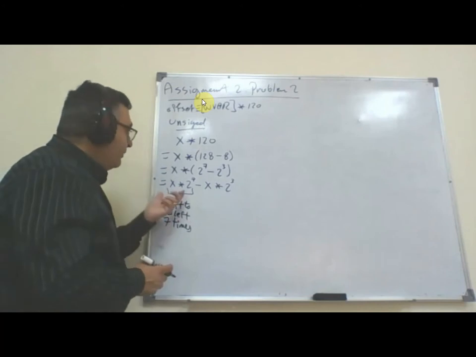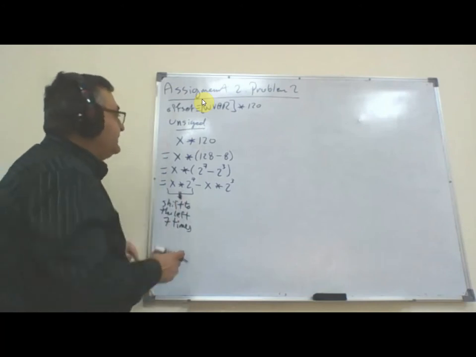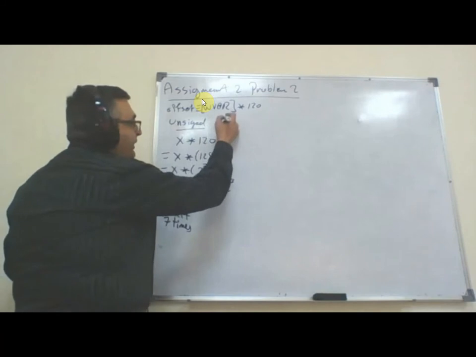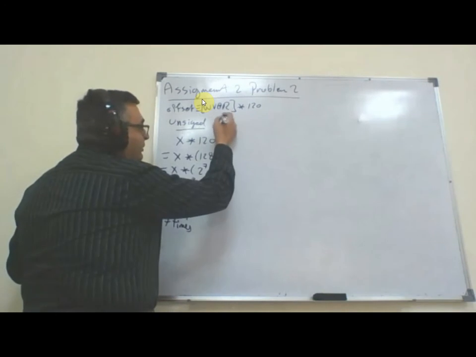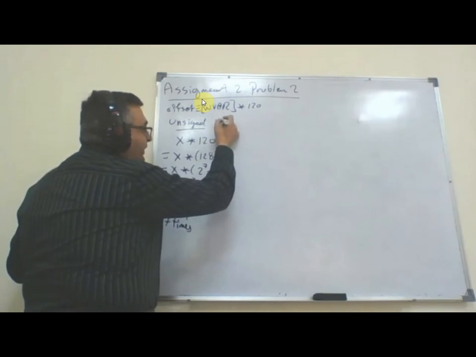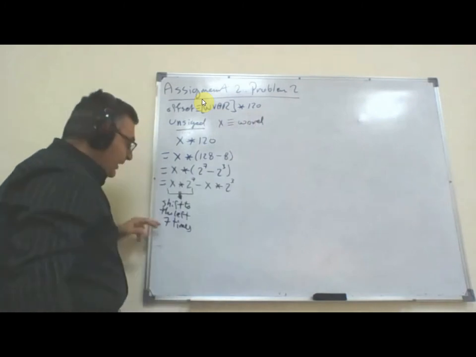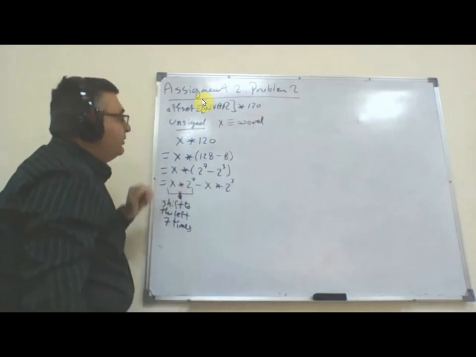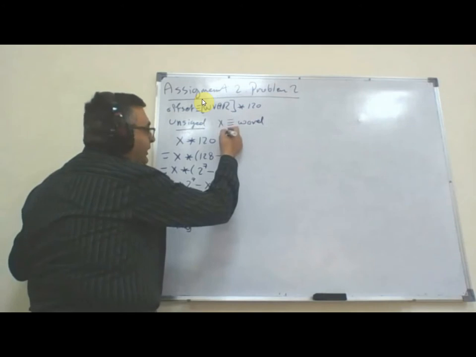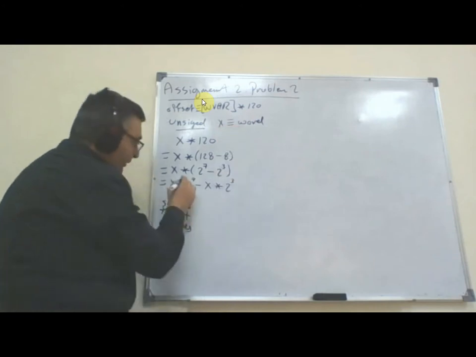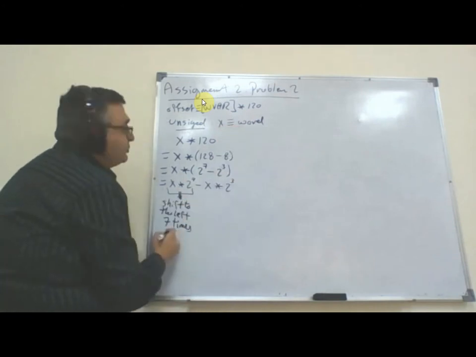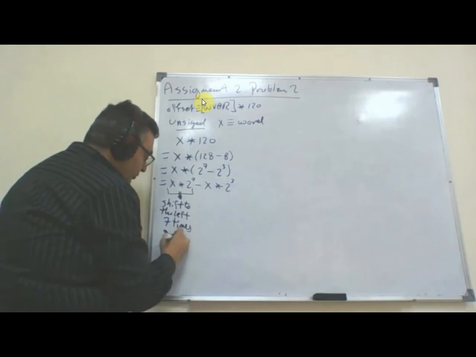So if x is a word, that means x multiplied by 2 to the power 7 should be stored in a double word.